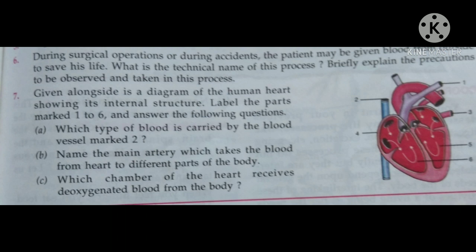See the spelling A-O-R-T-A, not A-R-O-T-A. Next, which chamber of the heart receives deoxygenated blood from the body? Answer is right auricle, or right atrium.